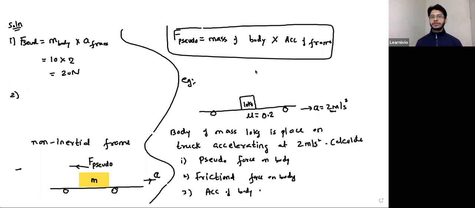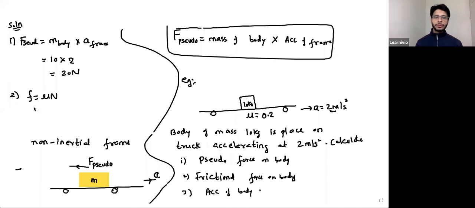After pseudo force, the next thing is you need the frictional force on the body. So see, frictional force is mu N. If the coefficient of friction is not specified as limiting or kinetic, that means both are equal in this case.